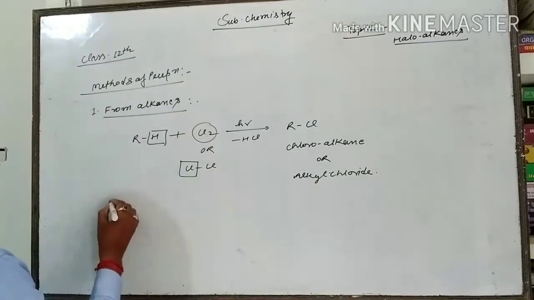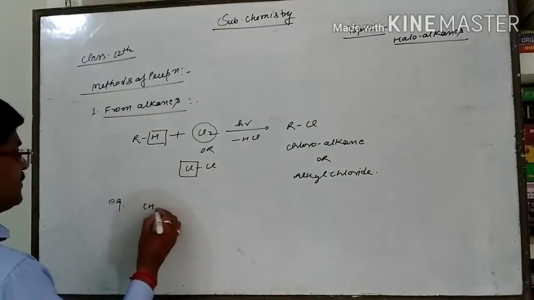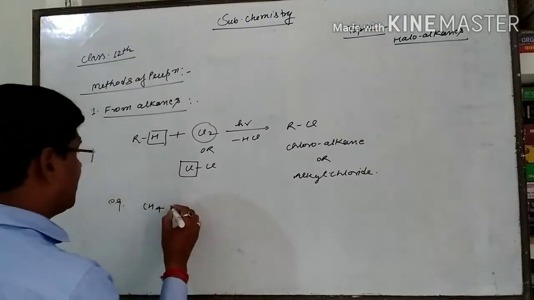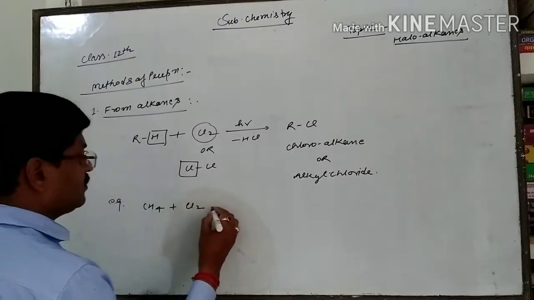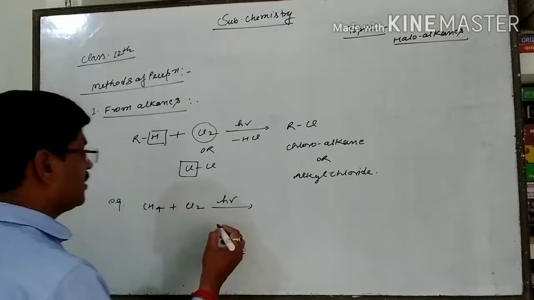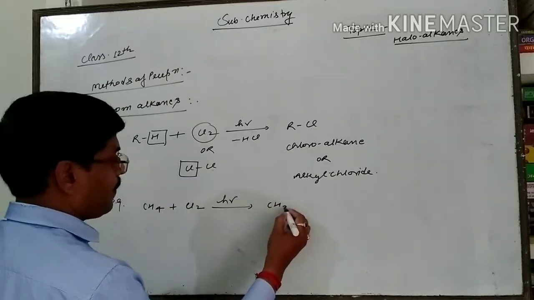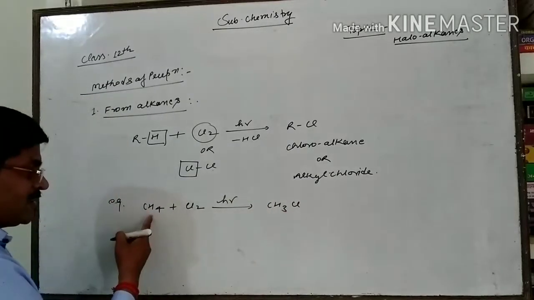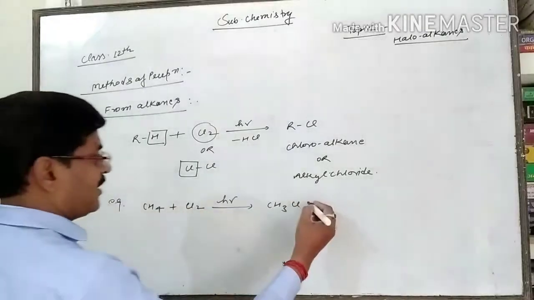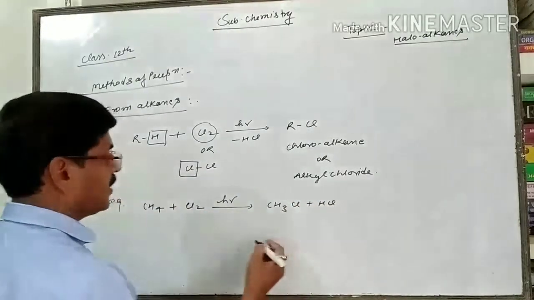As an example, I have taken CH4. In earlier classes also all of you have seen it: pass Cl2 in presence of sunlight. It will give in the first step CH3Cl. One H is released with one Cl, it means one HCl is also formed.